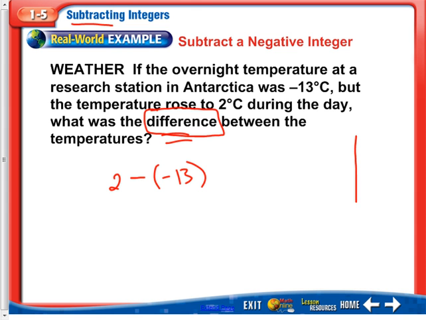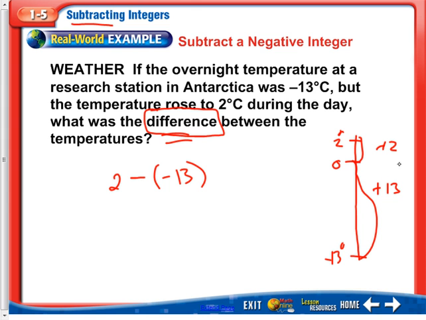Now, if we were going to look at a number line, okay, if this is 0 way up here, all right, here's your 2 degrees, and then way down here would be your negative 13 degrees. All right, so they want to know what's the difference. Well, to get from here to 0, you've got to add 13, and then you've got to add 2 more.